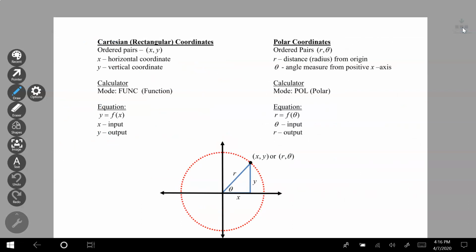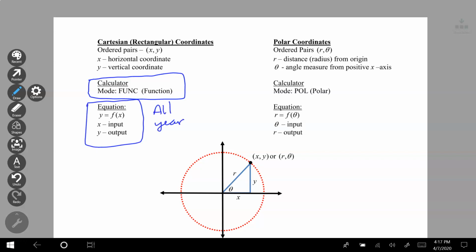Okay, so basically your whole algebraic life, you've been dealing with Cartesian or rectangular coordinates, x's and y's, your calculator has mostly been in function mode, and you've been using x's and y's to make equations. This is what you've been doing your whole life, or what we've been doing all year.